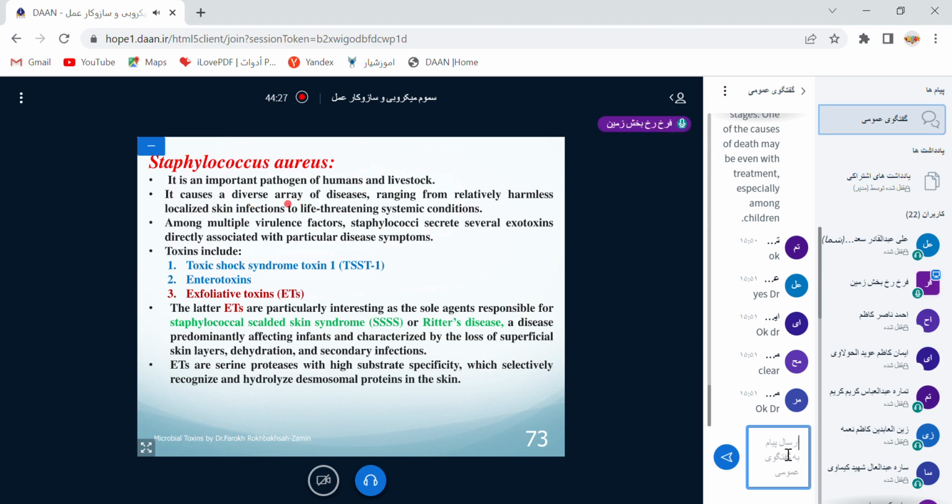It causes a diverse array of diseases, ranging from relatively harmless, sometimes a very small problem in a short part of the skin, to sometimes dangerous, life-threatening systemic conditions.